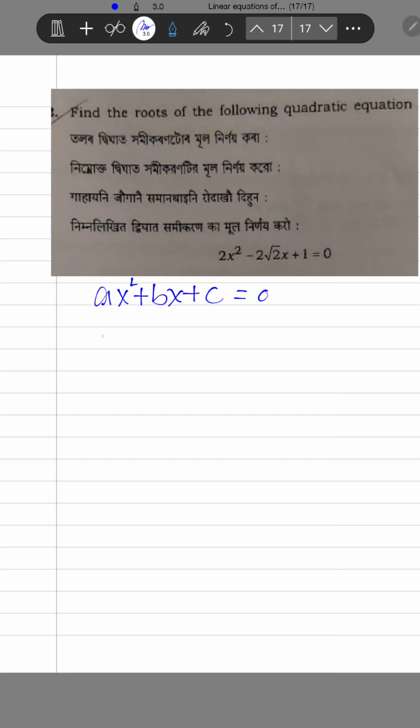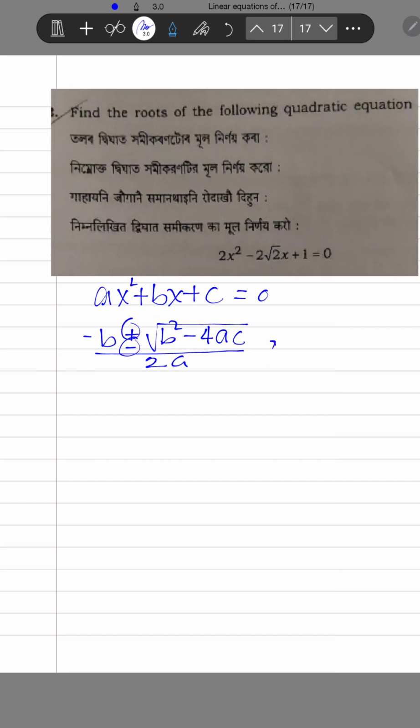The general formula for the roots of this equation is minus b plus or minus square root of b squared minus 4ac, divided by 2a. This is the general formula. So we will be having two parts, one is a plus and the other one is a minus.